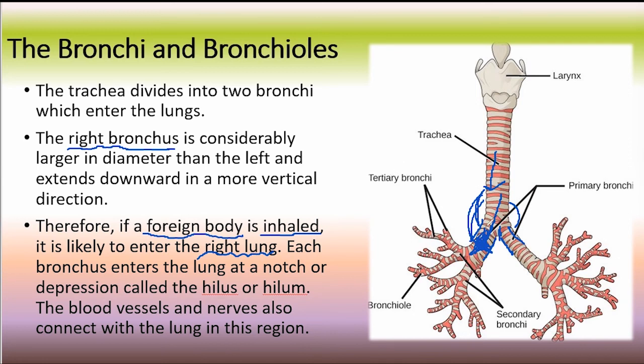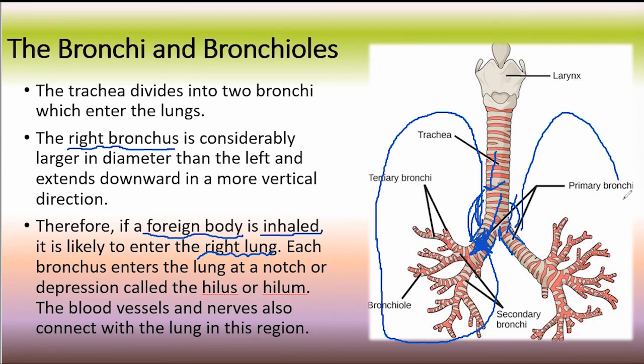Then basically, the bronchial tree is located inside the lung. They go to the lung part. Not only the bronchi there, there are also blood vessels and nerve branches going into the lung.